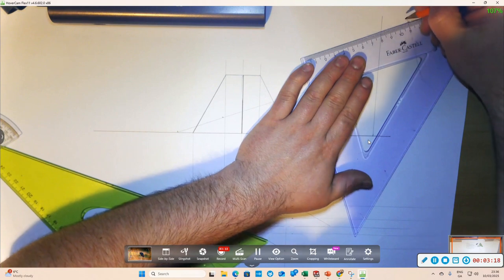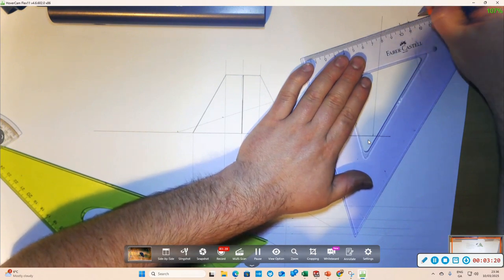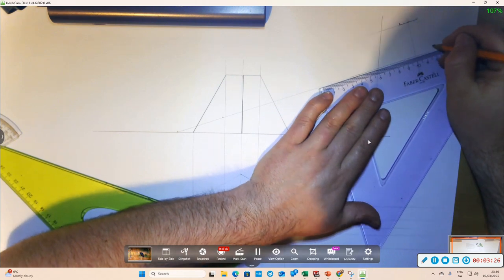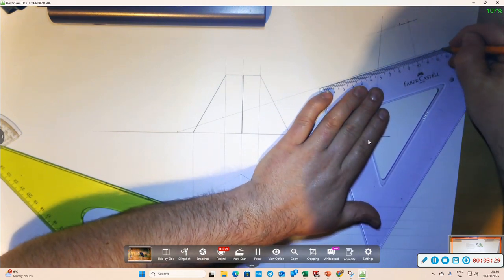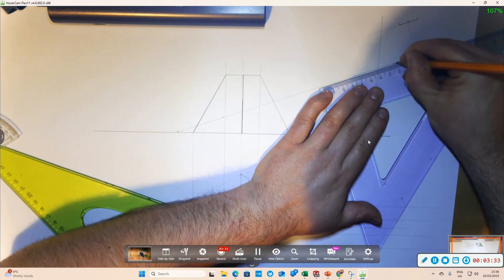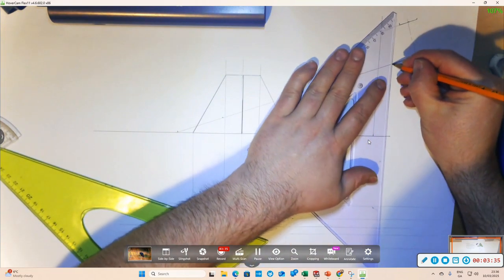And I'm going over 9 to the left, 9 to the right. And then 25 left and right down along the bottom. And I can join them there.